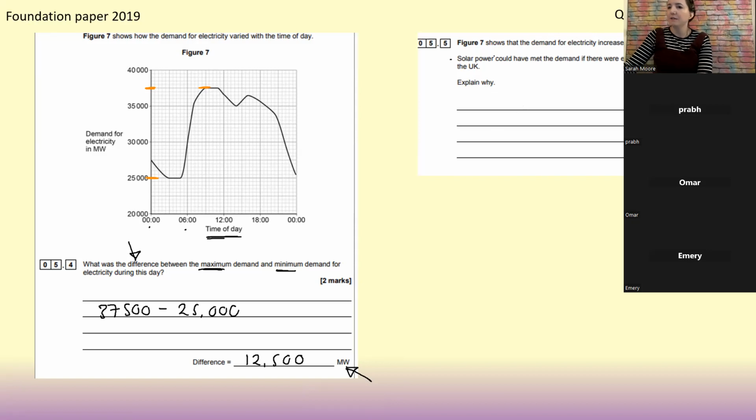Explain why. Right, well, let's just check out the time. 6 a.m. till 9 a.m. What's going on there? Well, the sun is rising. And why is that significant? Well, it's significant because solar panels, of course, they generate electricity using the sun.